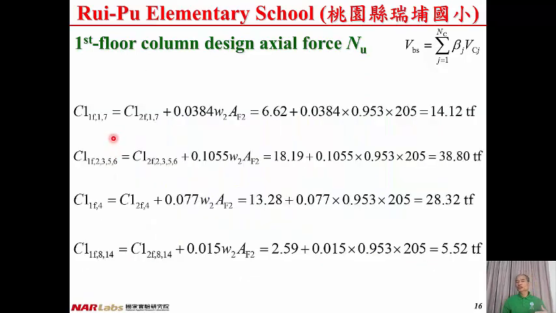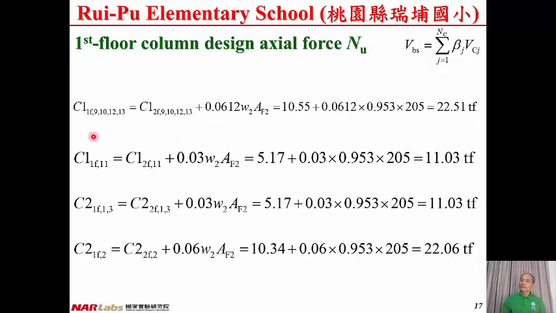With a similar procedure, we can have the design actual force for column C1 number 2, 3, 5, 6 on the first floor equal to 38.80 ton-force. For number 4, 28.32 ton-force. For number 8 and 14, 5.52 ton-force.